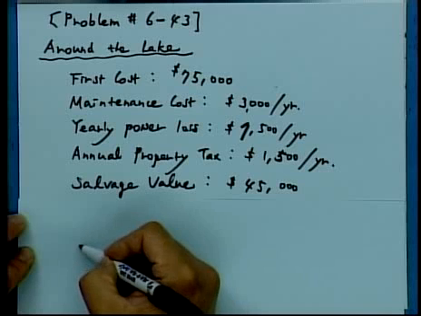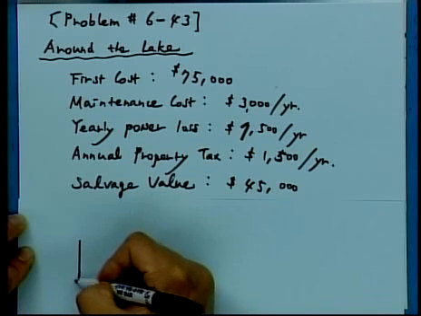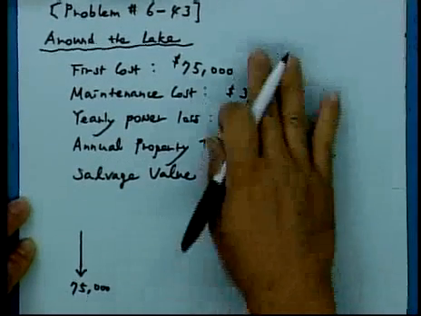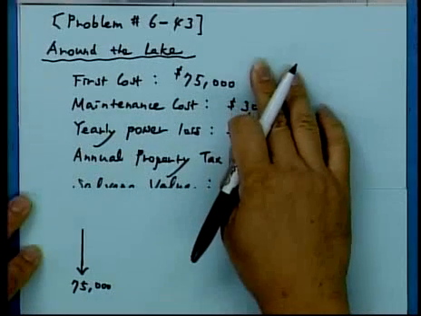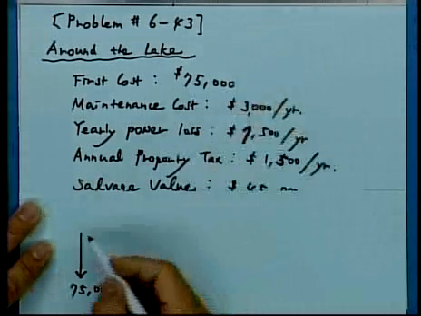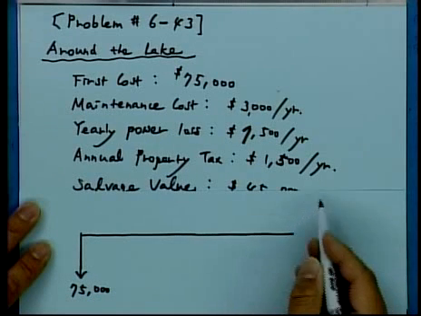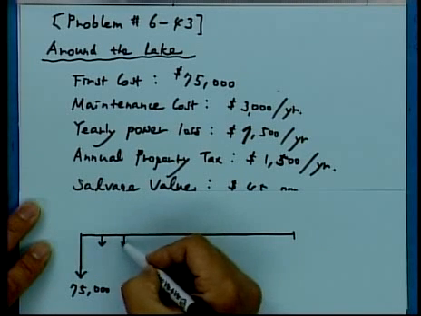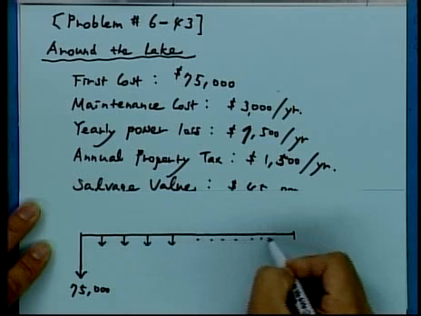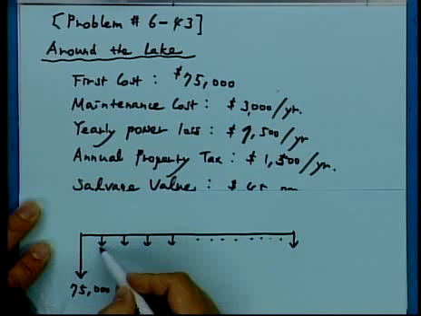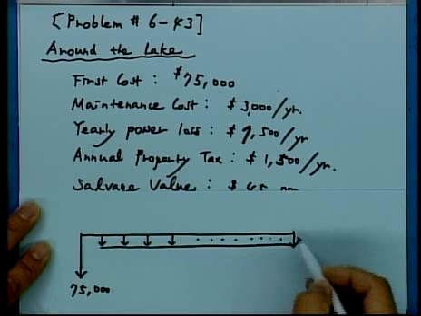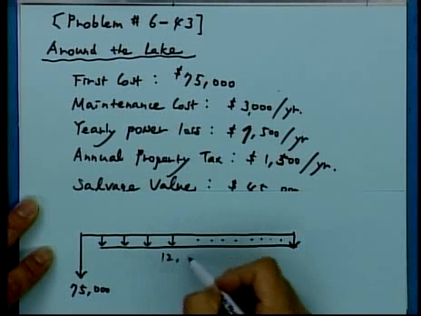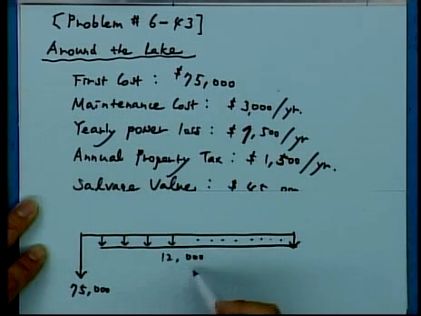So first we need to consider the first cost of $75,000, and over the next 15 years, there is an annual cost of how much? $12,000. How did you get this $12,000?